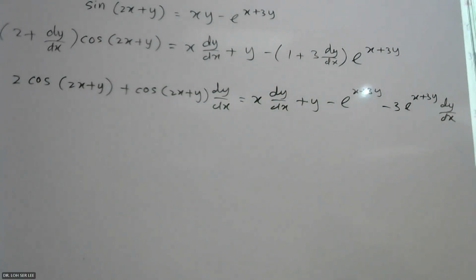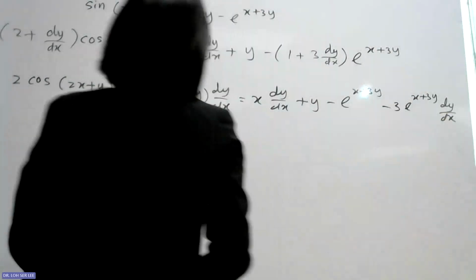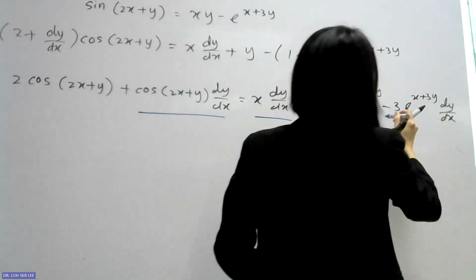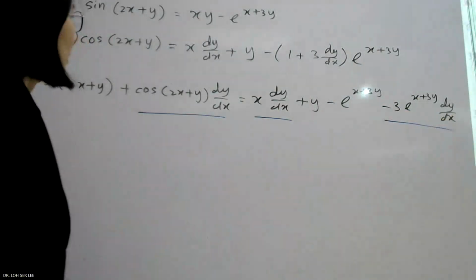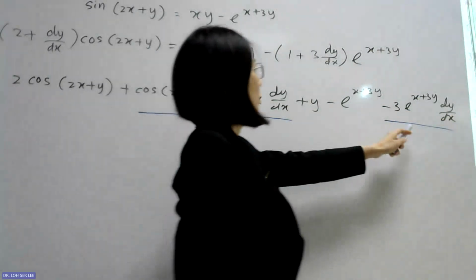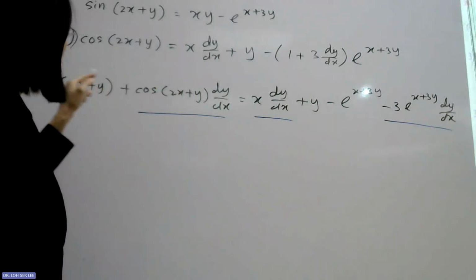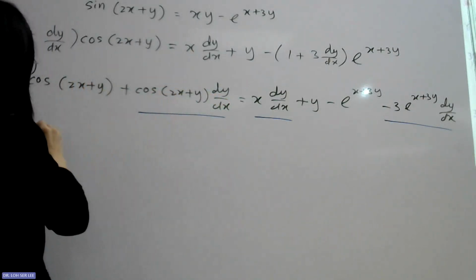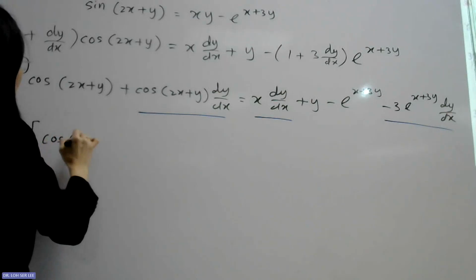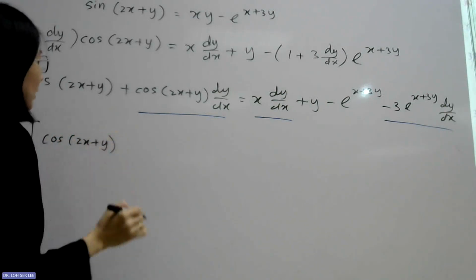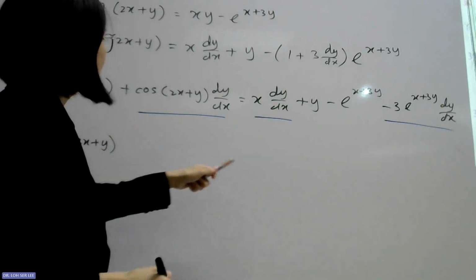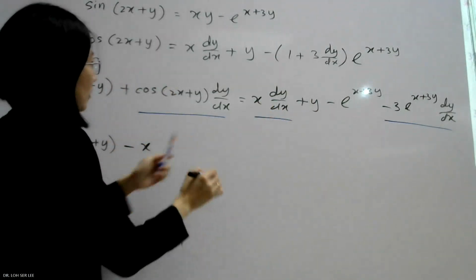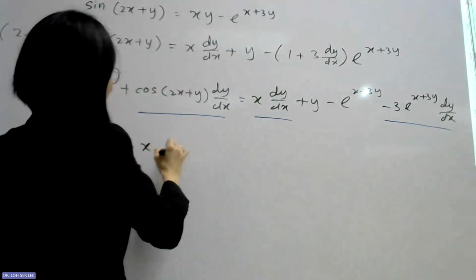Okay. Then we have a dy dx here, here, and here. Okay, so these two move to the left, this one moves to the right.